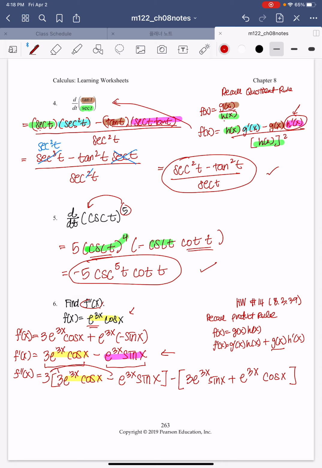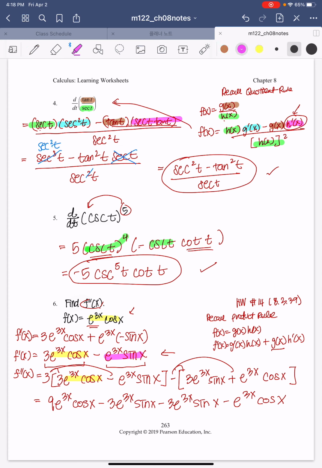Here, if I distribute 3, I'm going to get 9e to the 3x cosine x minus 3e to the 3x sine x. Distribute the negative: minus 3e to the 3x sine x minus e to the 3x cosine x. Now there are like terms, so I'm going to combine them.